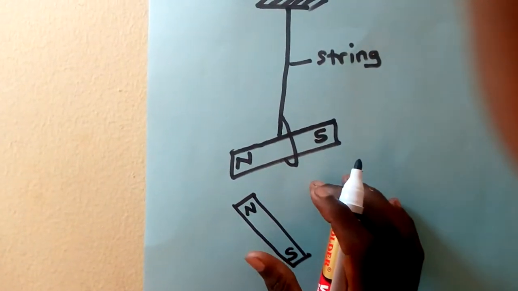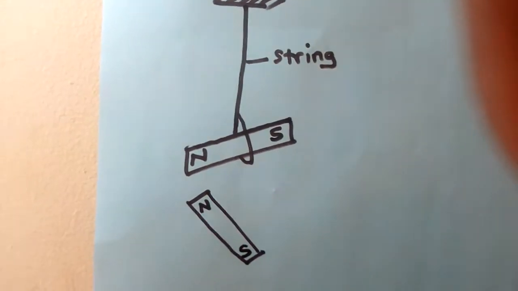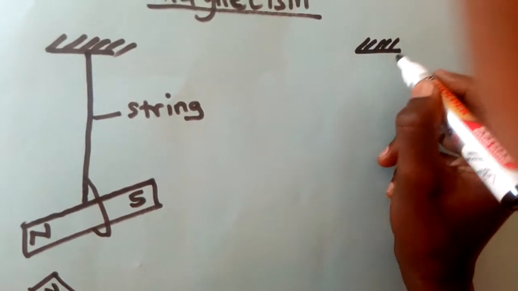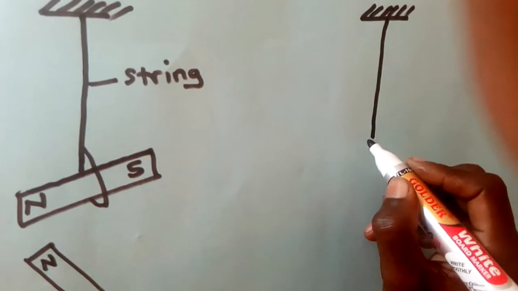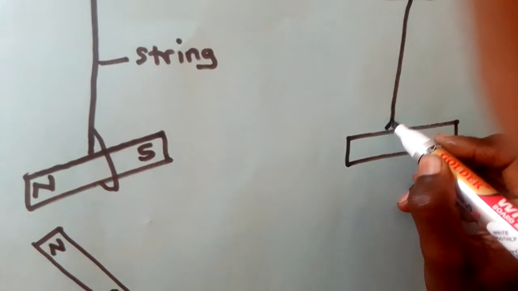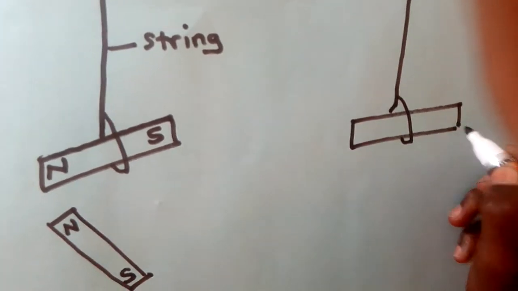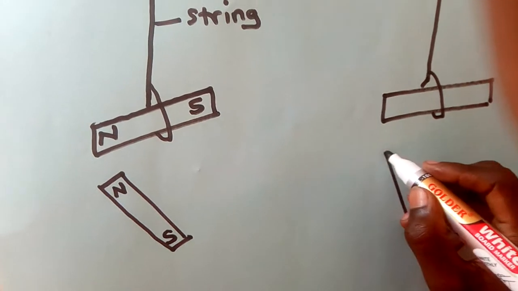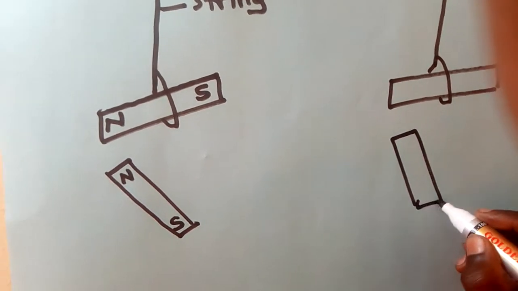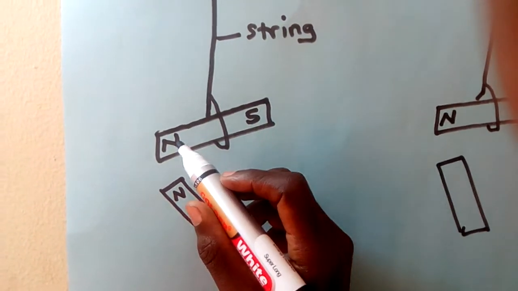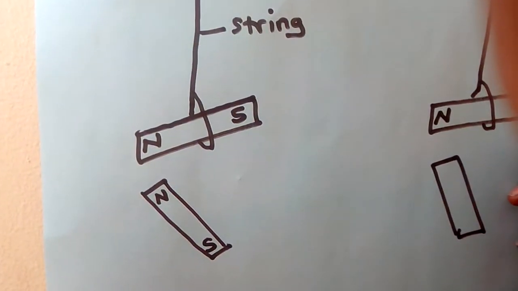After this experiment, we now do another experiment. We shall still have our magnet here being suspended, and then we use the same magnet. We bring it close to. Remember, this suspended magnet here was north, the way it is here, and this is south.